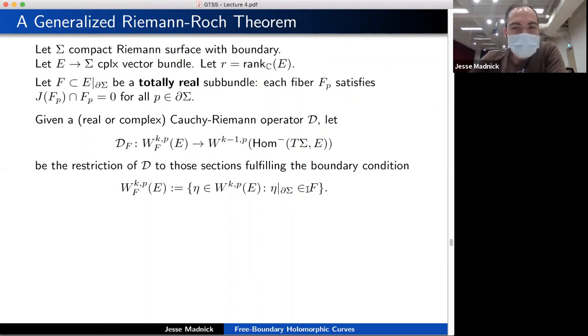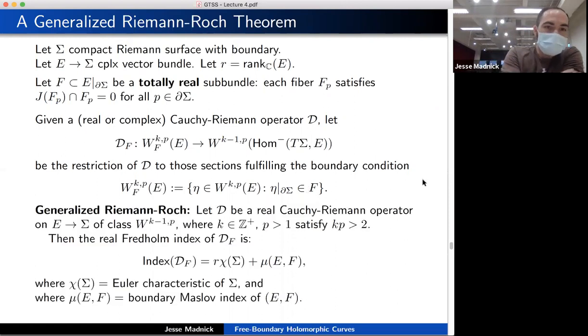So these are the sections which on the boundary lie in this prescribed totally real subbundle F. So the point is that given this formalism, we have this generalized Riemann-Roch theorem. So D is a real Cauchy-Riemann operator. For technical reasons, we need to assume it's in this particular Sobolev class. Then the real Fredholm index is given by this topological formula.